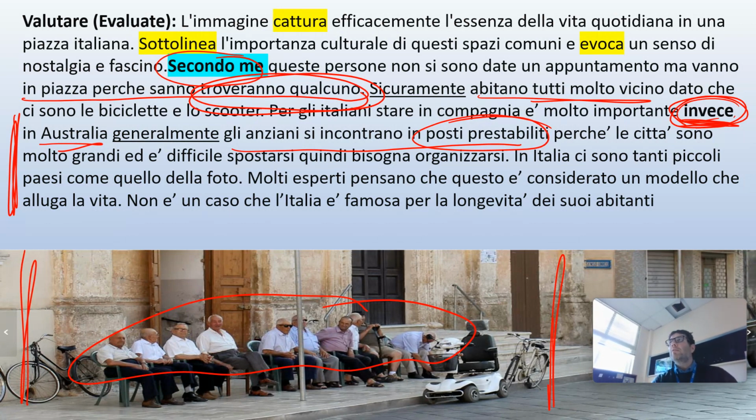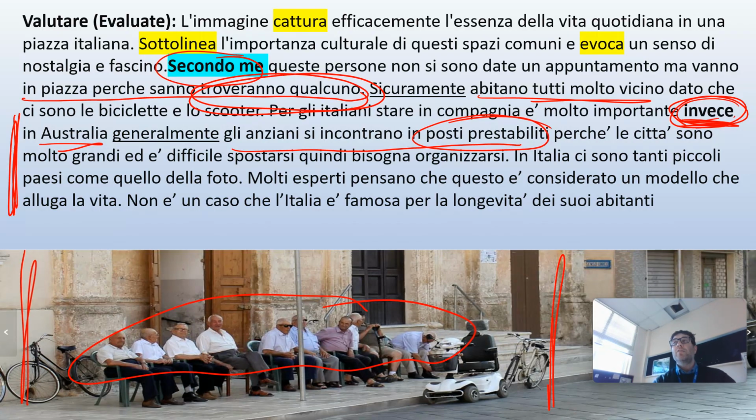Usually the old people catch up, si incontrano in un club o in un centro sociale, but they don't really take their bike and go somewhere and then just wait there. It can happen, but it's certainly not in the same fashion that it does happen in Italy.